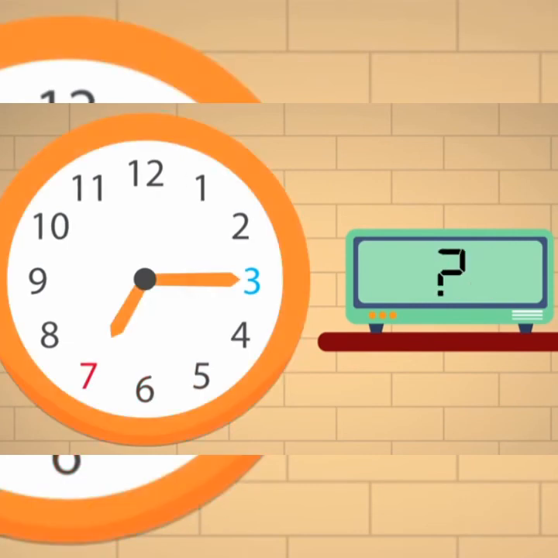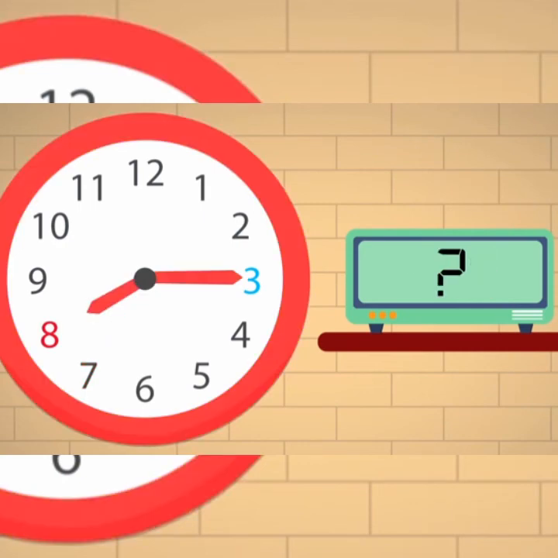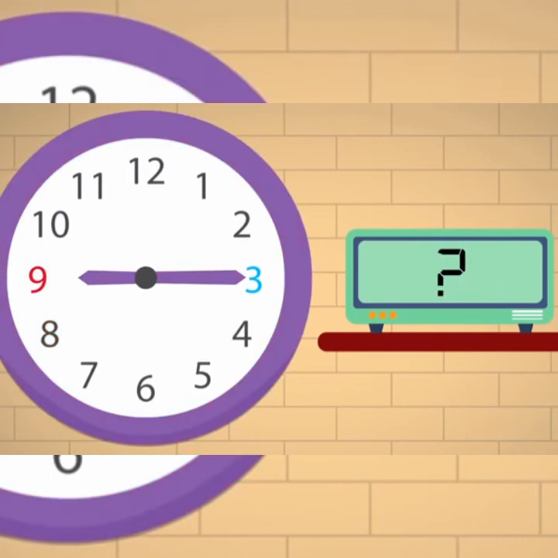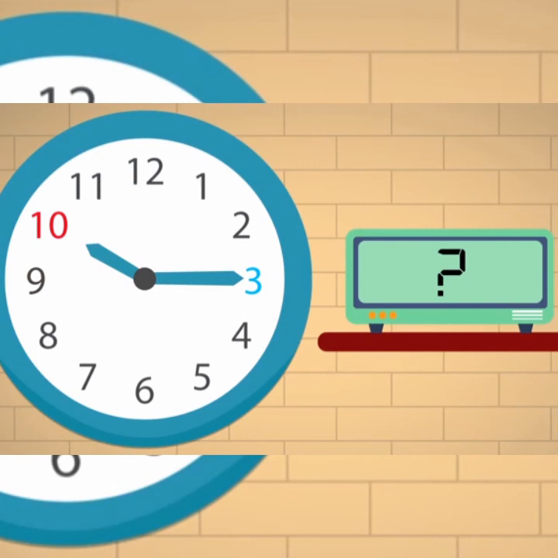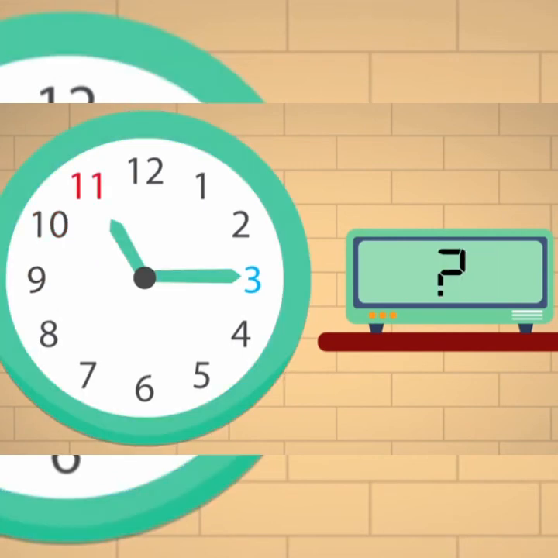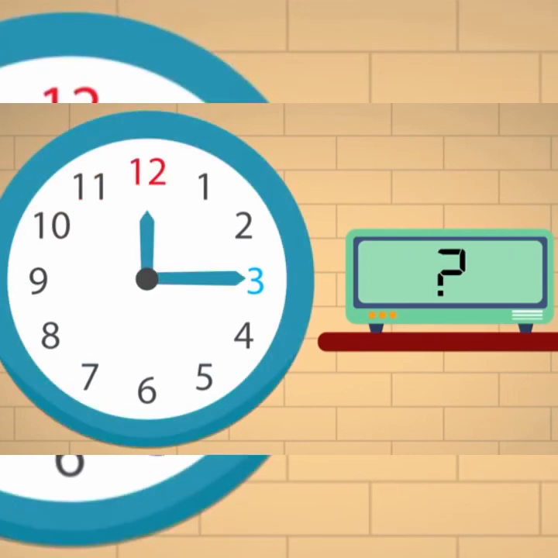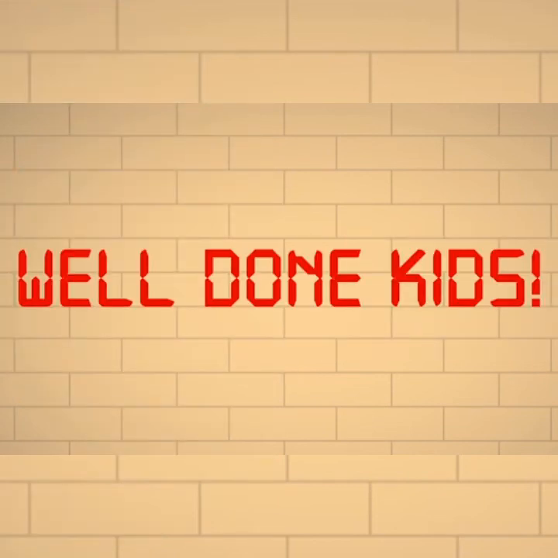What time is it? It's 7:15. What time is it? It's 8:15. What time is it? It's 9:15. What time is it? It's 10:15. What time is it? It's It's 11:15. What time is it? It's 12:15. Well done, kids.